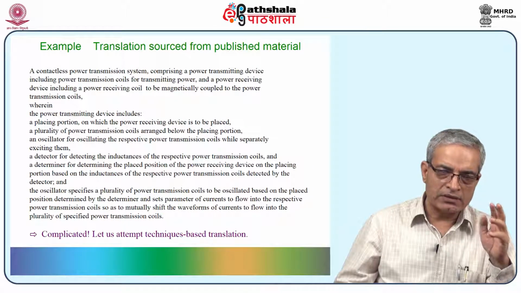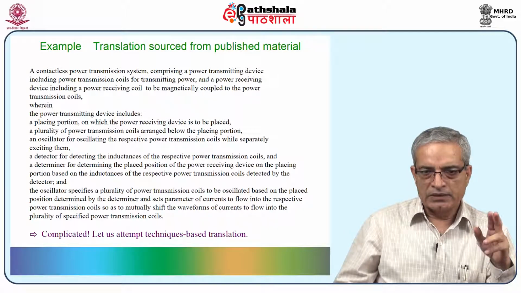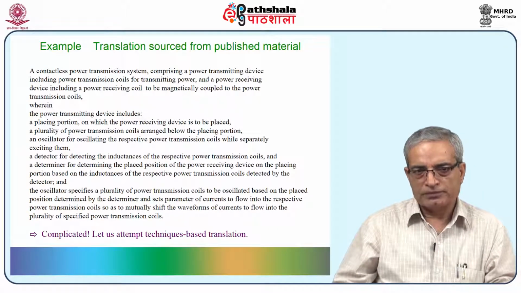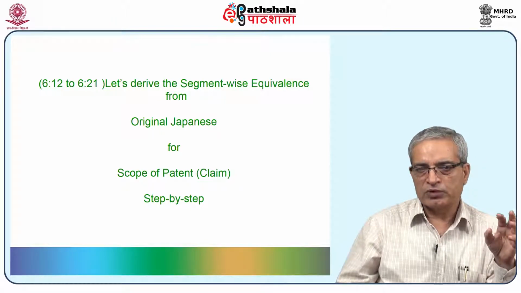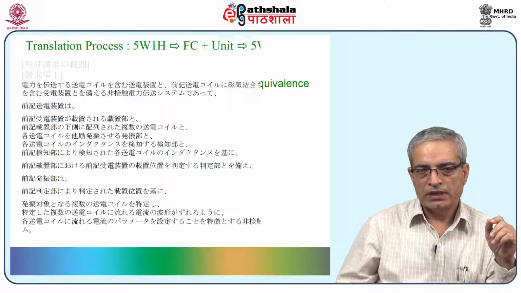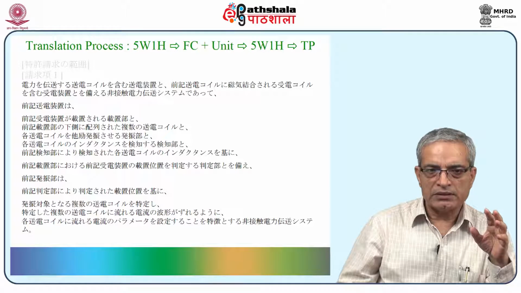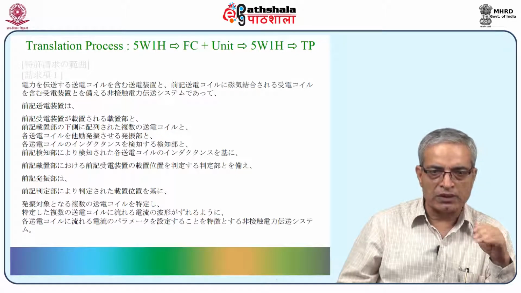Why not? Let's attempt it ourselves by using the techniques which we have learned so far. So let's derive the segment-wise equivalence from the original Japanese for scope of patent, that is scope of patent claim, step by step. And it's basically this is the pieces which were broken earlier.